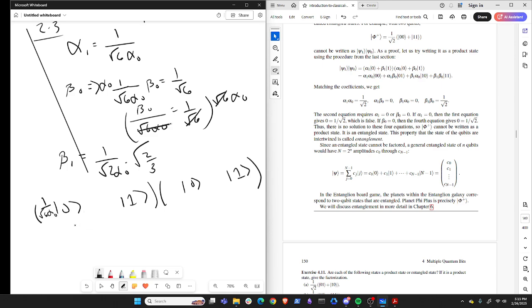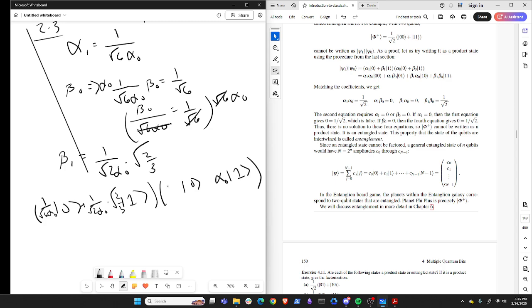We know that beta 0 is equal to alpha 0. We know that beta 1 is equal to, I'm going to need more space here, 1 over square root of 2 alpha 0 times square root of 2 over 3.